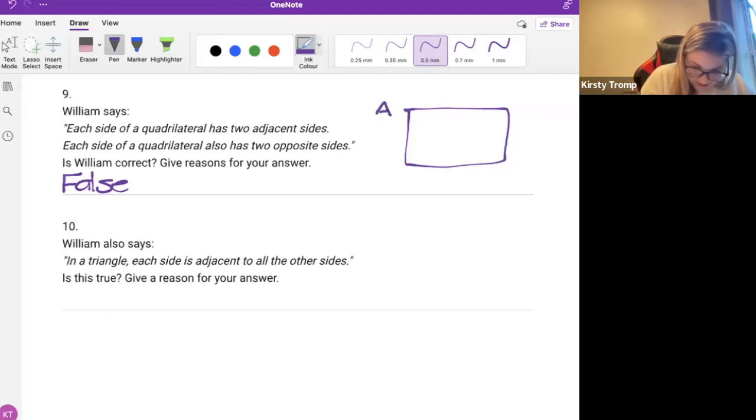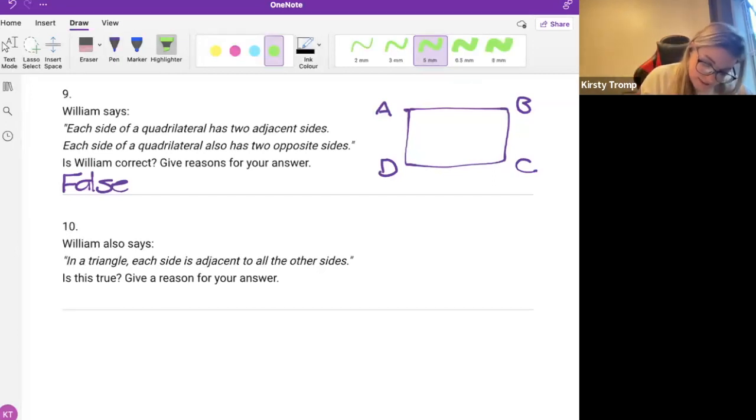The reason why it's false is because each side of a quadrilateral has 2 adjacent sides. That is wrong. It has 4. But okay, each side of a quadrilateral has 2 adjacent sides. Let's go check, Umar. I believe you. So here's side AD. What does adjacent mean?